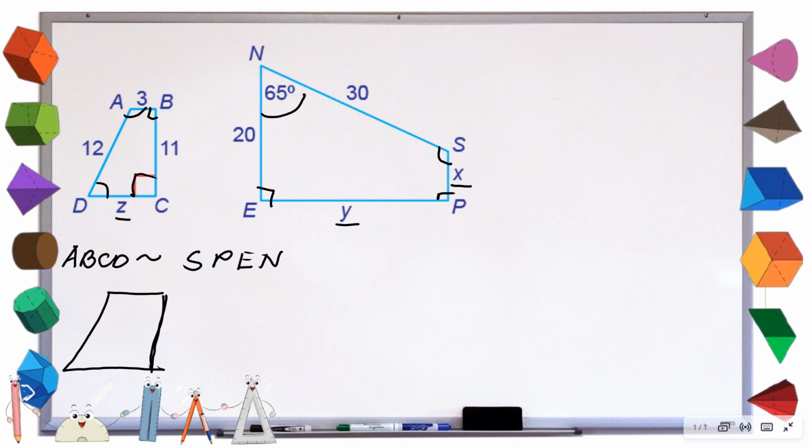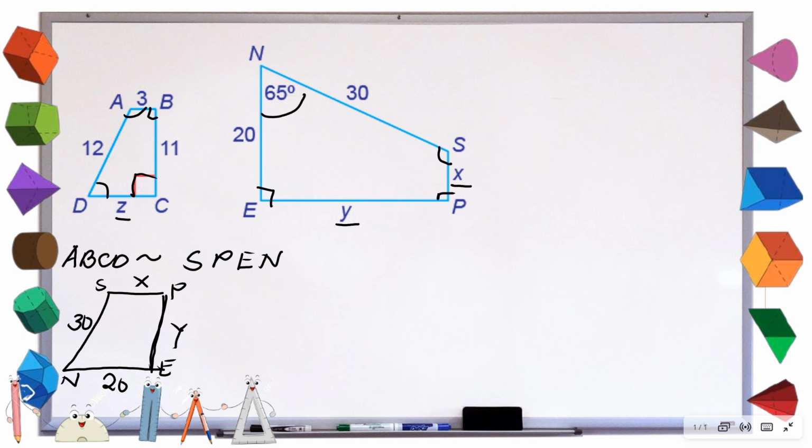So this one is your S, P, E, N. So ito yung ating value of 30. This one is your X, this is your Y, and this is your 20.